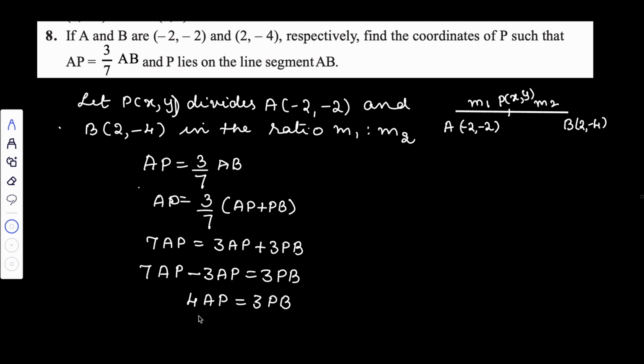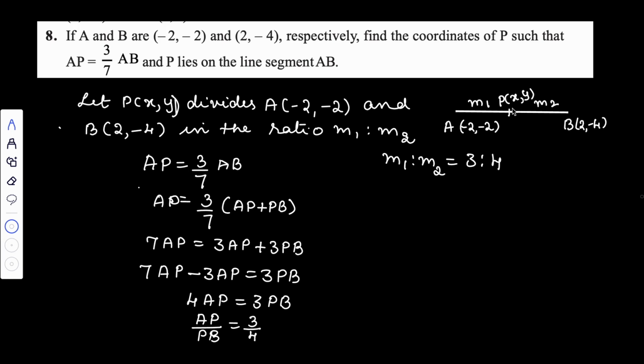So AP divided by PB is equal to 3 by 4. So the ratio AP is to PB, m1 is to m2, we got here 3 is to 4.